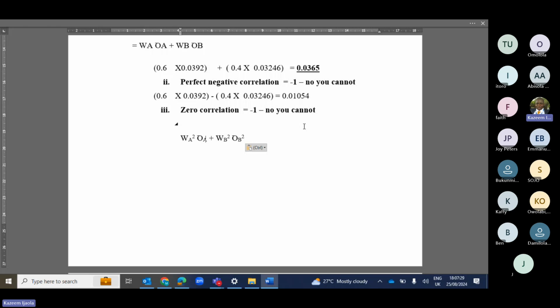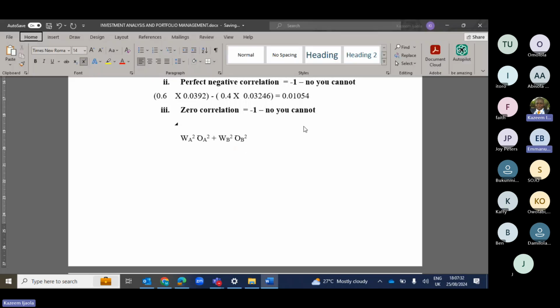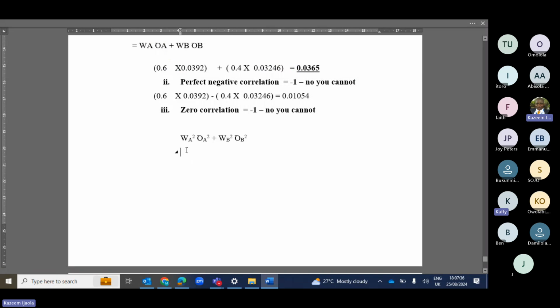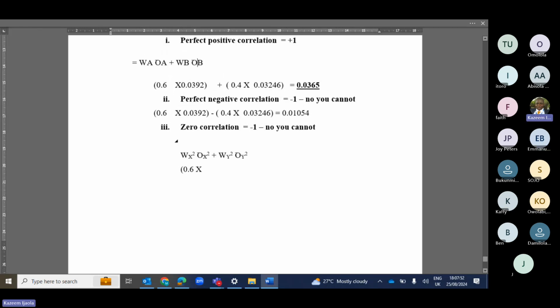So let's do it. This is going to be what now? 0.6, 0.6. Just multiply. What is the variance of asset? No, it is X and Y, not A. X, X. This would be Y, Y. Okay, so let me change it.